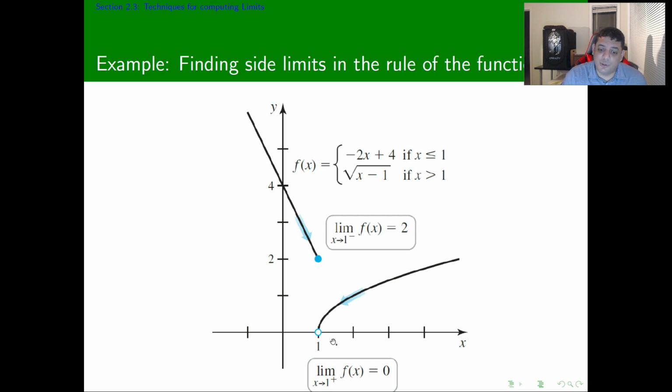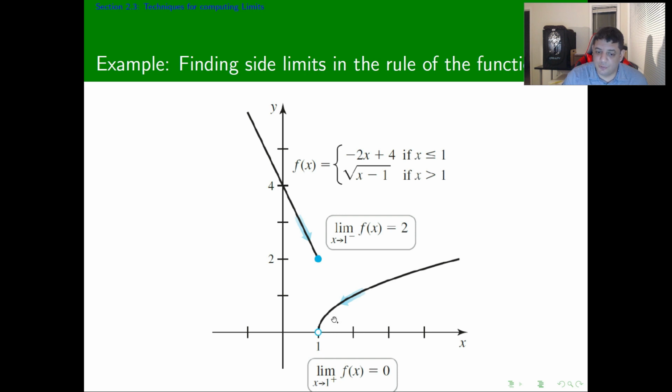But now when we're approaching 1 from the right side, notice that we're going over the square root. And in this case, we're approaching with values that are larger than 1. Because they're larger than 1, they're 1.1, 1.2, whatever is inside of the square root is going to be positive. And so this side limit is this, and you can notice that it's approaching 0 really fast.